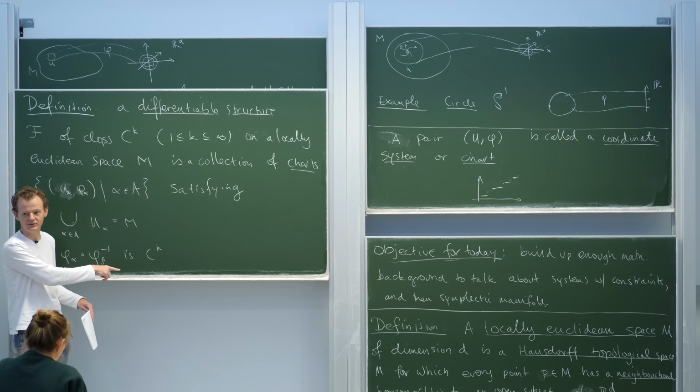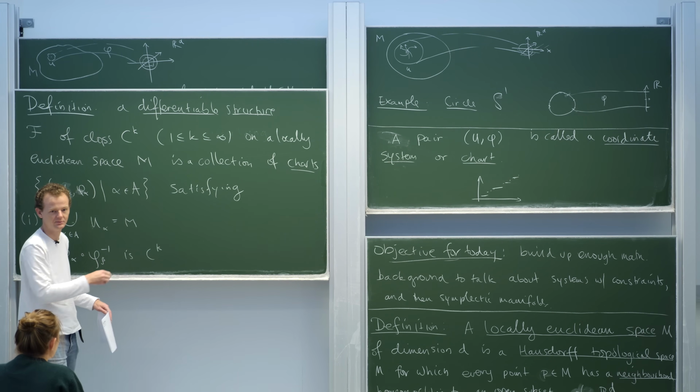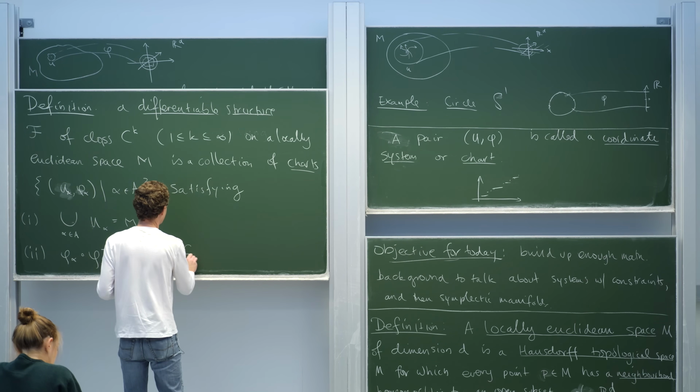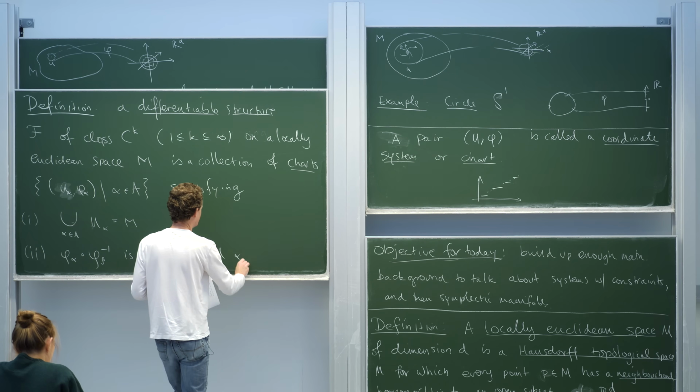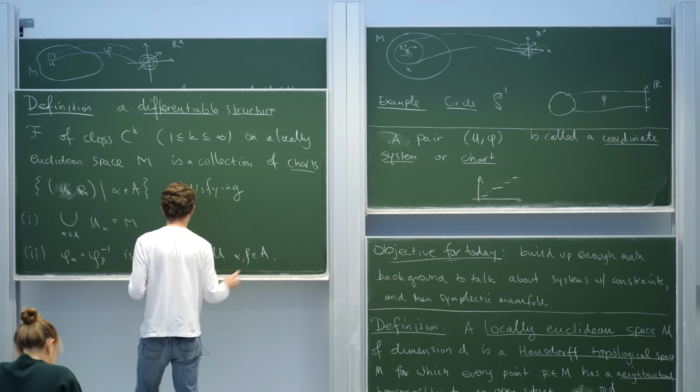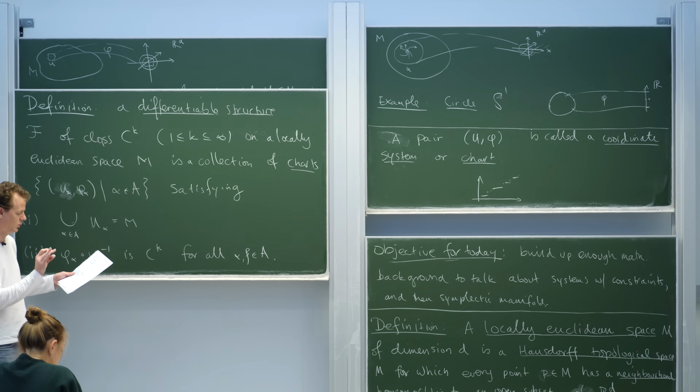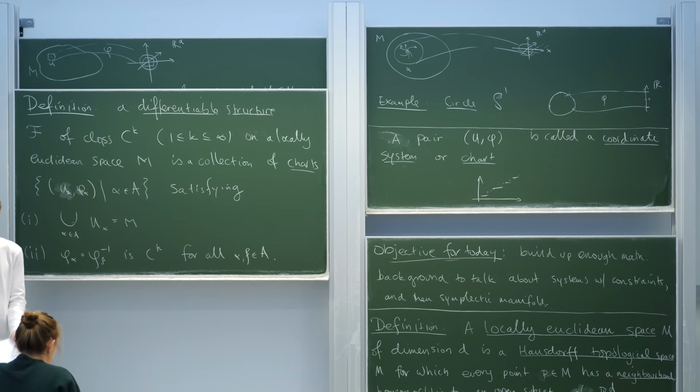It doesn't mean the constant c to the power k. It really means k times differentiable. And there is going to be one extra condition that will look completely bizarre, but I'll try and explain why that's there.